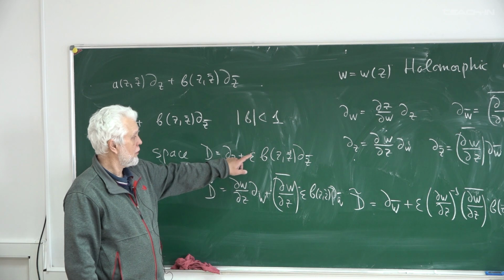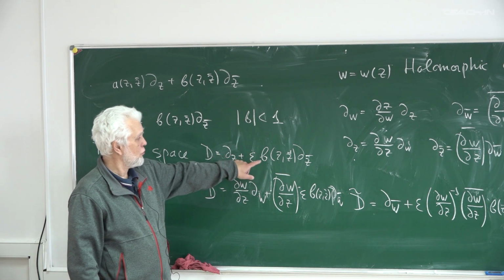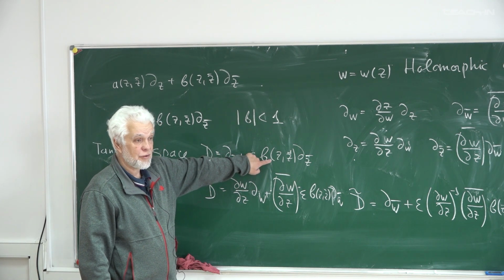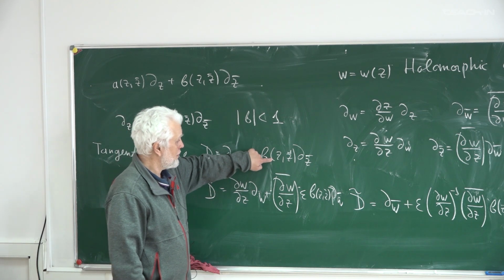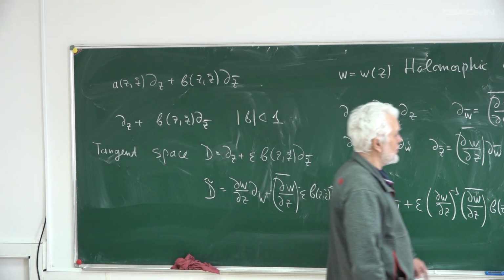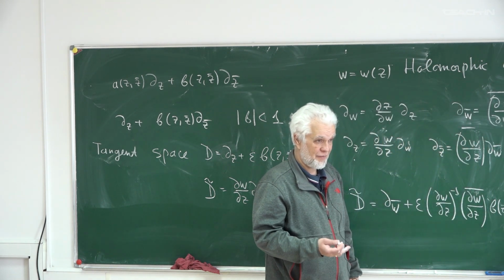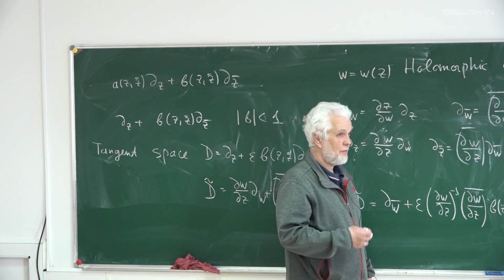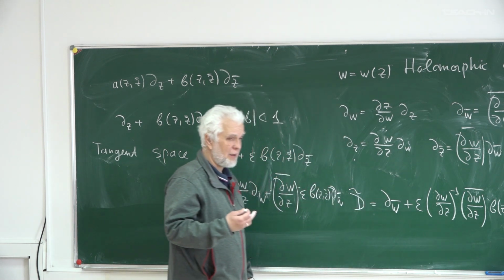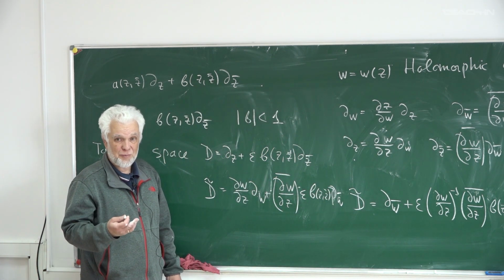First of all, we study the transformation rule, the tensor type of this object. The tensor type of this object is this one, such a tensor: a vector field with respect to z bar and a one form with respect to z.